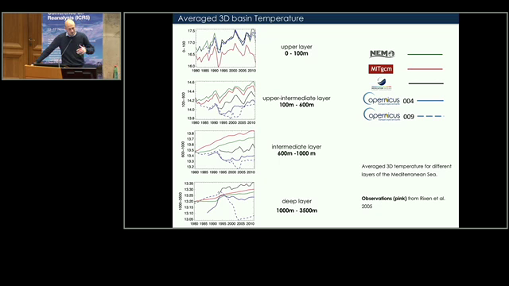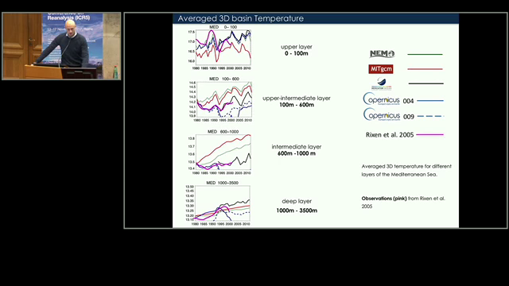It seems that the NEMO model, which is very close in terms of dynamical core to the Mercator reanalysis, is very close to it, while the MIT seems, at least for the upper layer, a little bit colder. This is related to the higher fluxes that we had in the Strait of Gibraltar.